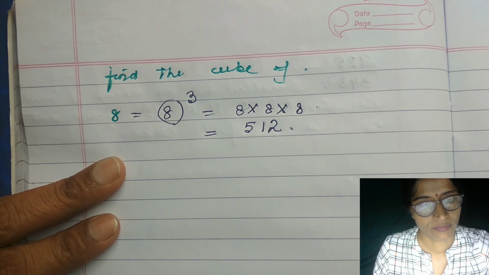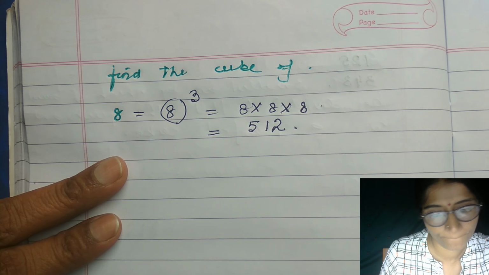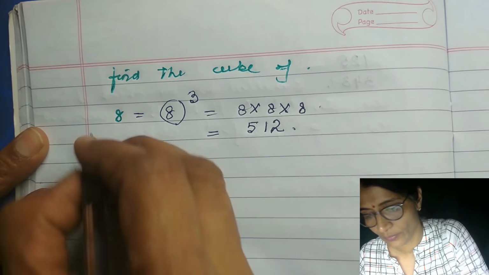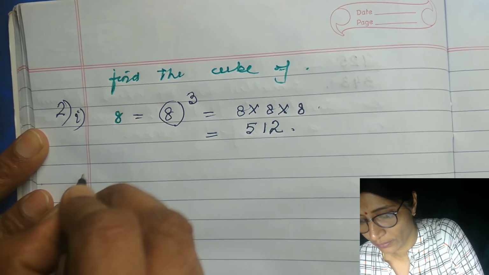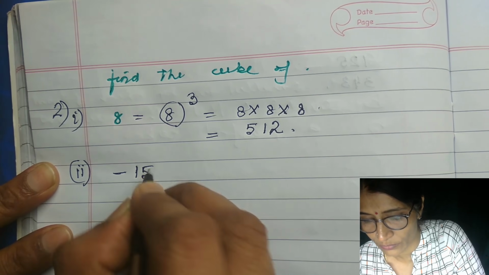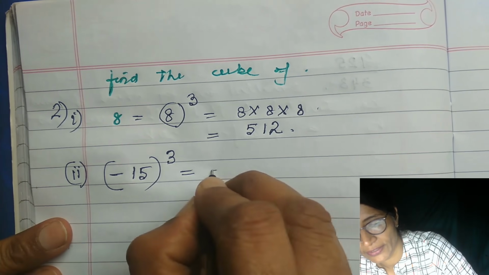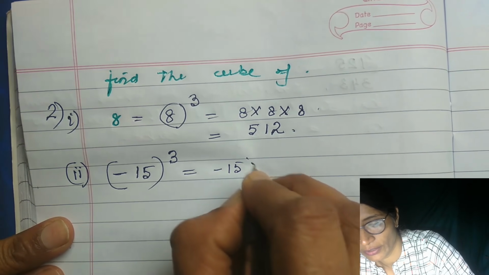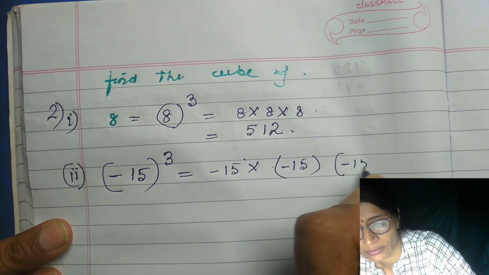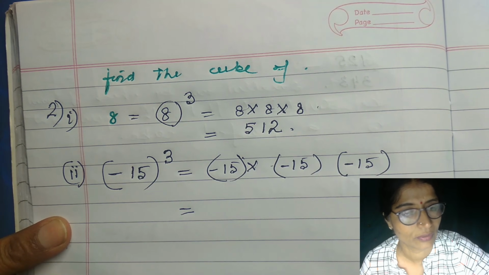The next sum, a negative number we are taking, is 2 1 2. Any negative number, it is given in the question, minus 15 whole cube. That is equal to minus 15 into minus 15 into minus 15. Calculate it and let me know the value.